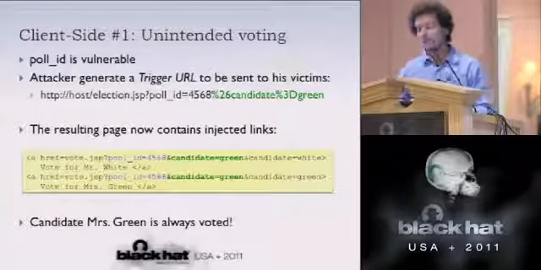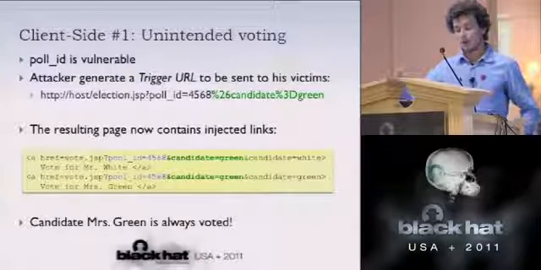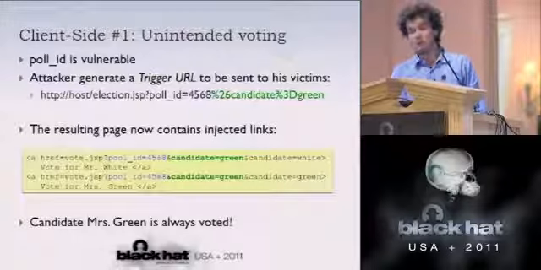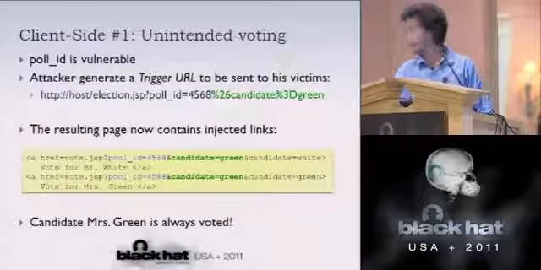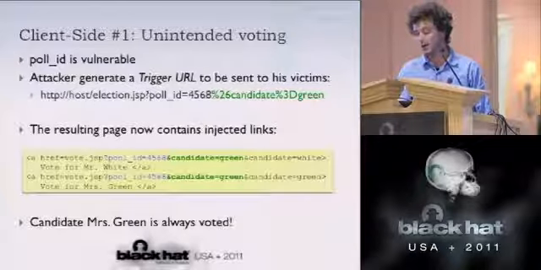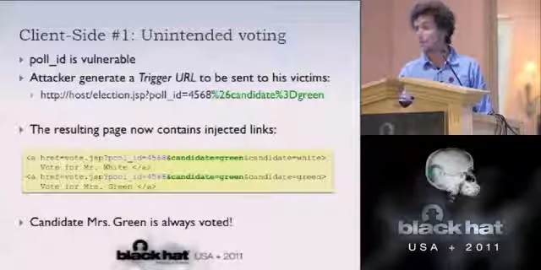In this way, when the victim votes, the victim always ends up voting for Miss Green. Even if I click on the first link or the second link, he always votes for Miss Green. So in this example, the attacker forced their victim to vote always for Miss Green.